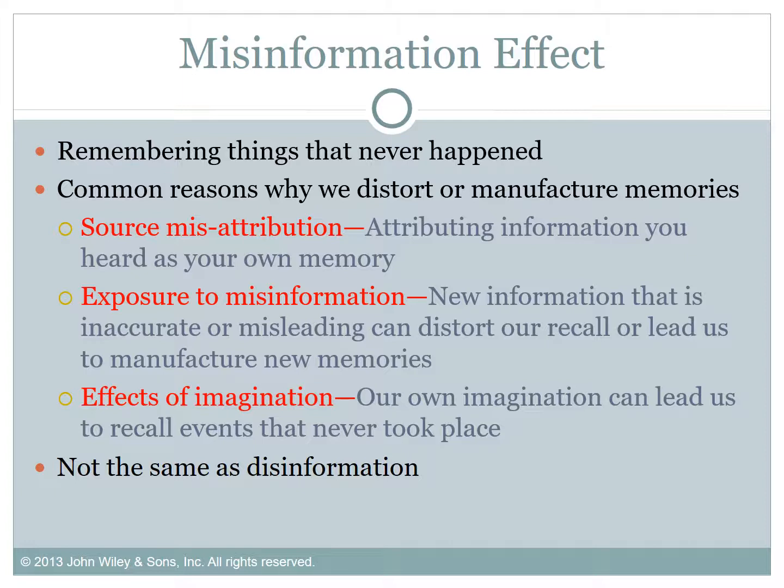Our memory systems are so reliant on our ability to encode information by meaning that language is the primary system we use to encode memory. So you never remember information from when you were a year old.